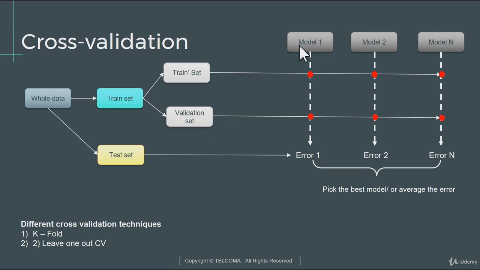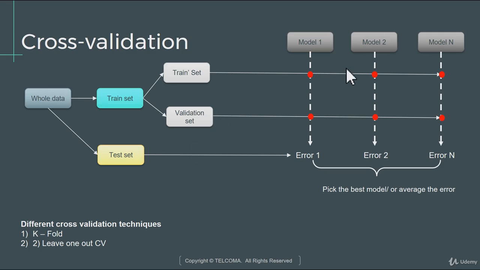Let's say model 1 will have 50 in the train set and 20 in the validation set, and then model 2 will have another random train set with 50 records, which means that the train set which had 50 records over here and the train set which had 50 records over here might not be completely the same. It's a randomly shuffled data set, and it will validate using the validation set, and then improve the parameters during the learning process.